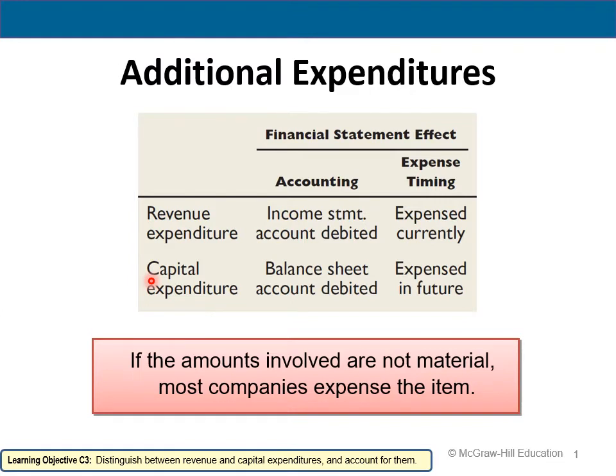So the general idea is that capital expenditures go to the asset account. They're capitalized in an asset account and then expensed in the future, i.e. they're depreciated.